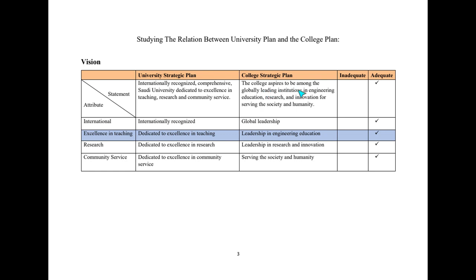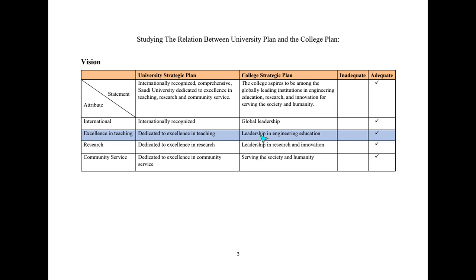Those map to the same criterion, which is excellence in teaching. You can see how both map together and intersect with each other in all these four attributes. I'm just highlighting one as an example.